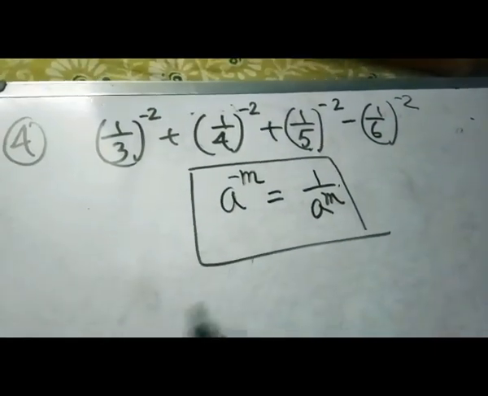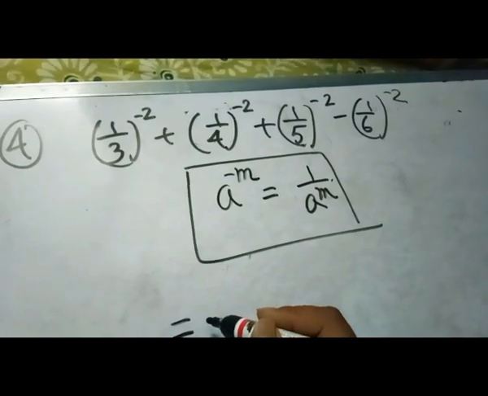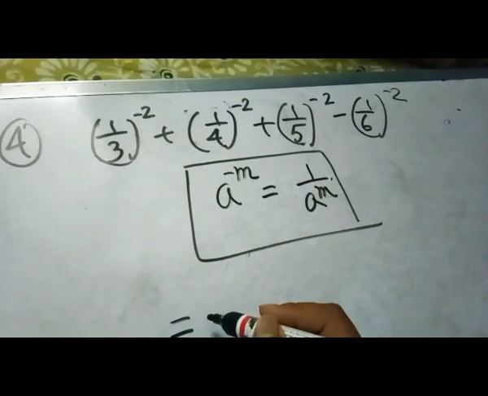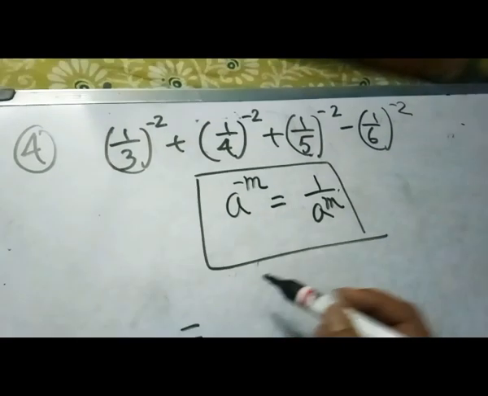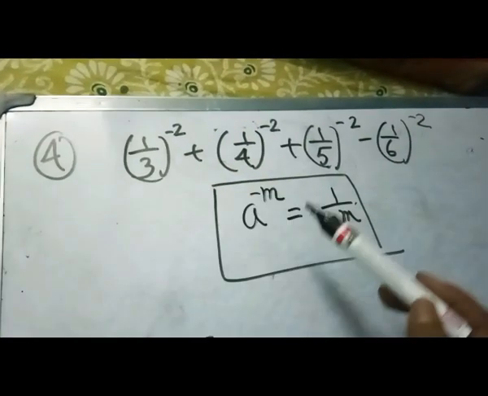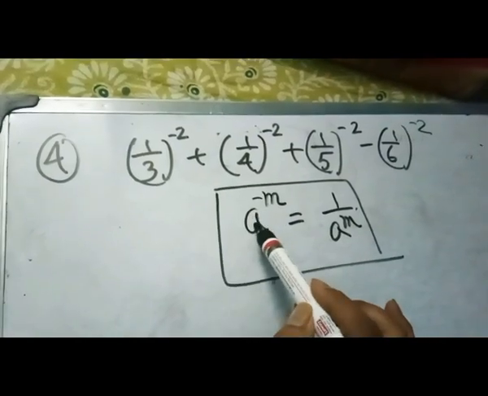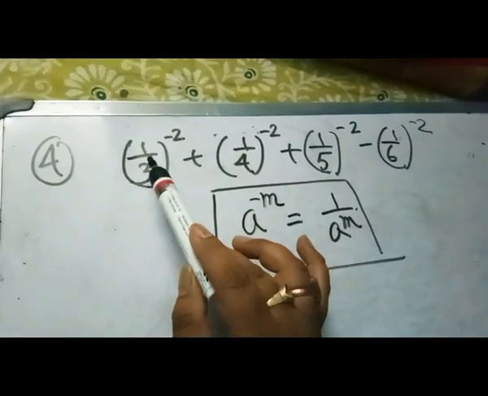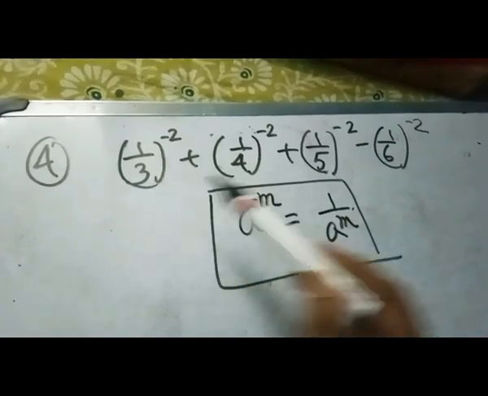How to do it? You see here 1/3 whole to the power minus 2. That means this 1 by 3 is a. If you compare with this formula, here the value of a equals to 1 by 3. What we have done?